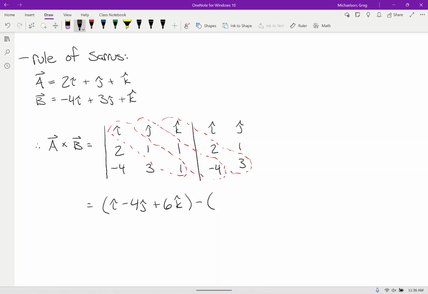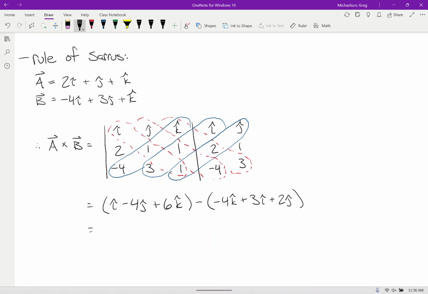And then we're going to subtract all of the products that go this way. So if we go left to right, what do we have? We have negative 4K, positive 3I, and 2J.